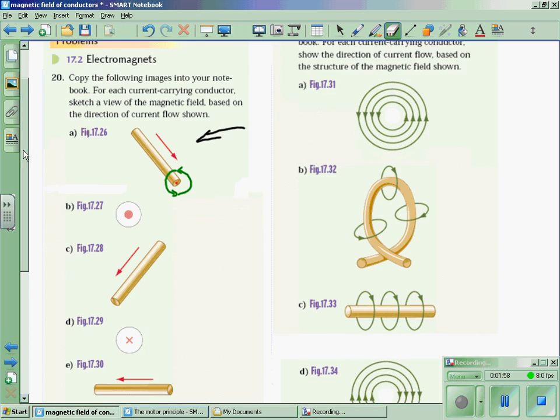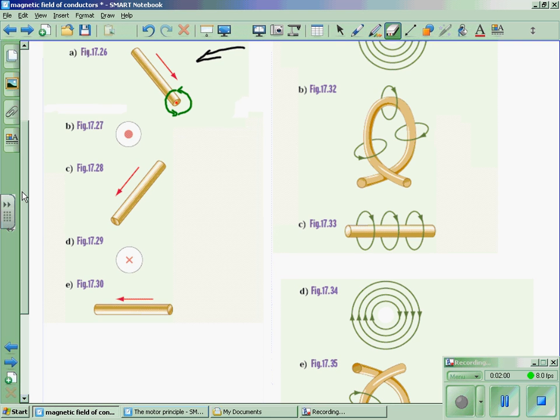To give you another example, we'll take a look at the second diagram over here. This time, we're going to look at just the cross-sectional piece of the wire itself. If you look at the cross-section of the wire, once again, you can see that current is flowing towards you.